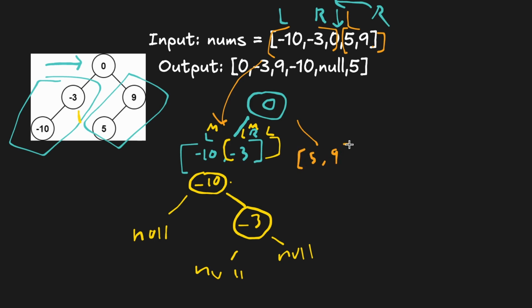Again, this is just a representation. We'll have the left node, we'll have the right node, we'll calculate m. In this case, it'll be the floor, and we'll create a node for 5. And then so on and so on, we'll create one for 9. So I hope that made sense. I think the code will help you better understand it.